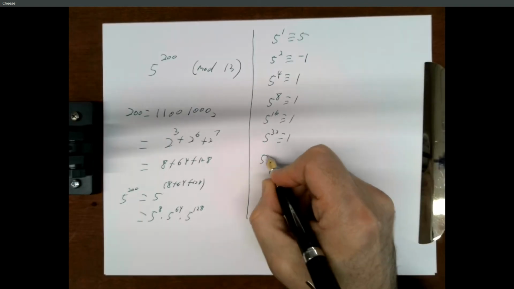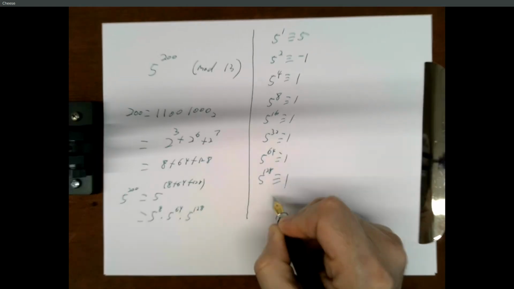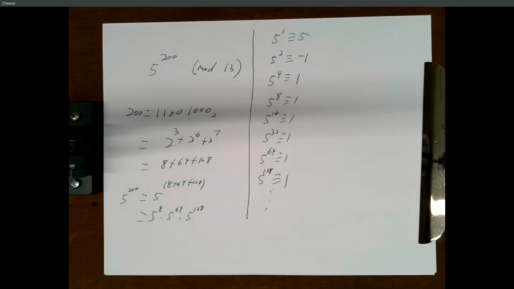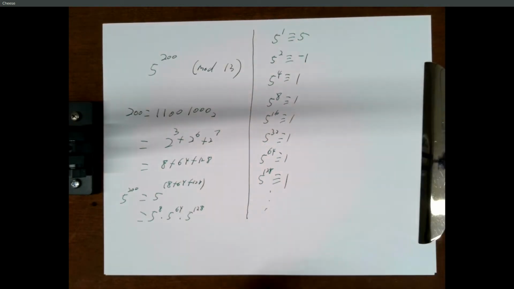All of these are going to be congruent to 1. Does having negative remainders violate the division algorithm? No. The division algorithm says we could find a positive number between 0 and 12. Oh, okay. But it's still congruent to -1. And that's easier than doing 144. Or, 12 and squaring it to get 144.